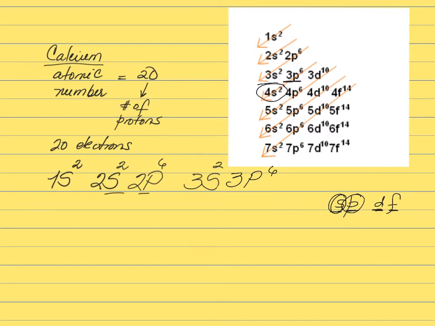The 4s orbital has less energy than the 3d. Remember that you have to accommodate 20 electrons, so I'm going to count 2, 4, 10, 12, 18, so it's 4s2 instead of 3d2. But you already know about that.